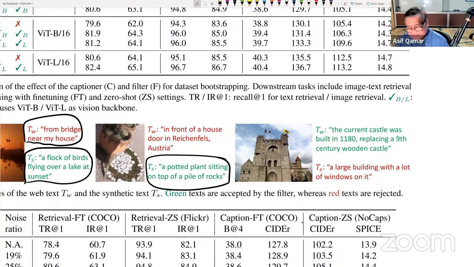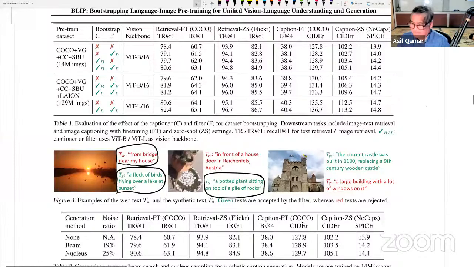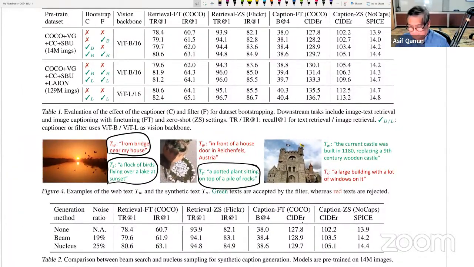So they are giving it as a counter example where, in the second image, I almost feel like it could have taken the place, Reichenfels, Austria, and put it in the image. That's right. It could have just augmented the caption. But the way these people do it is that at this moment, they just said that this is a case where we would reject our own caption.